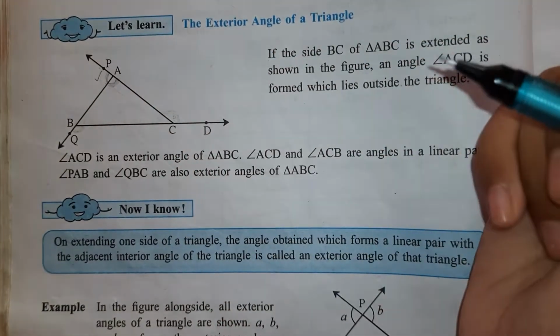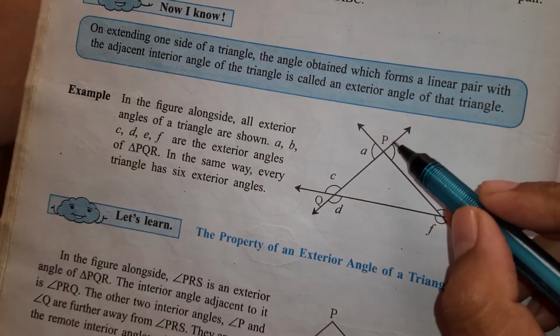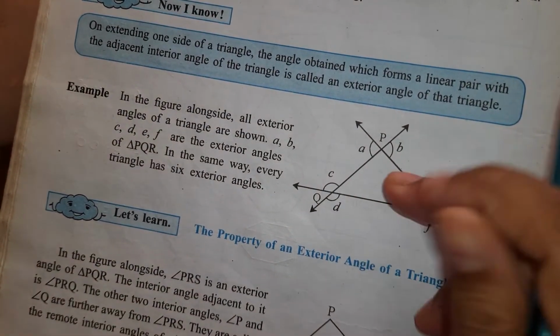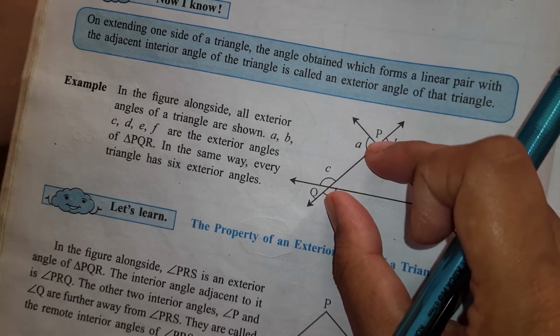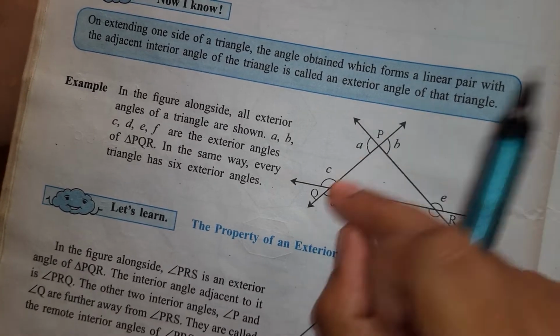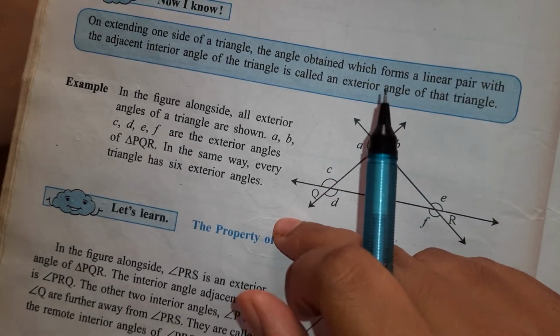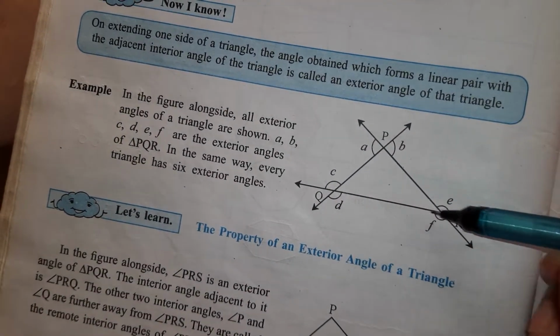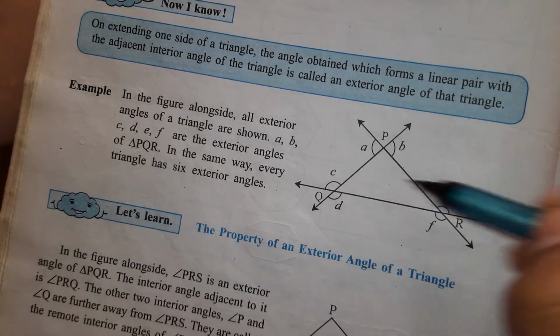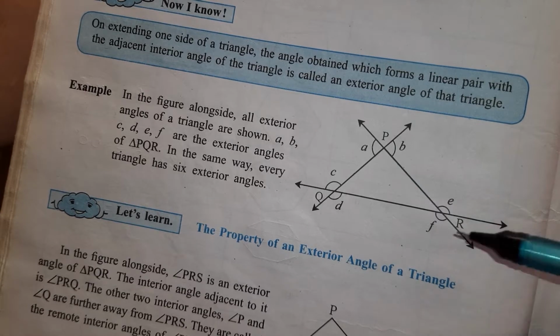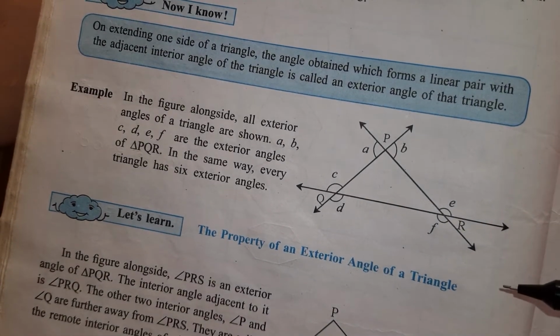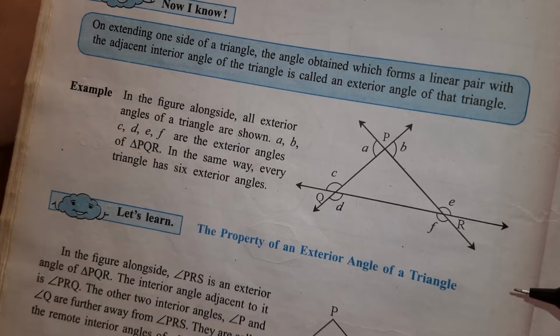Now suppose we extend all the sides of the triangle in both directions, means suppose this is the side of a triangle, we have extended in the right direction also and in the left also. In the same way, this side also we have extended in both the directions, and this side PR also. So total how many exterior angles do we get?